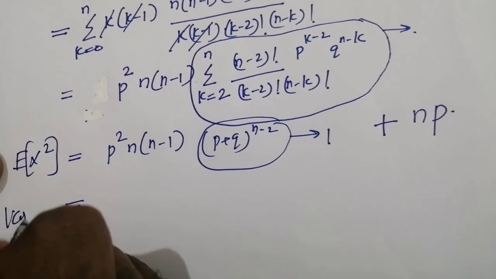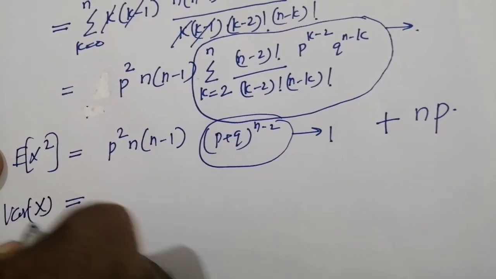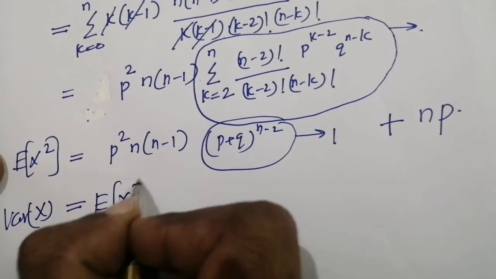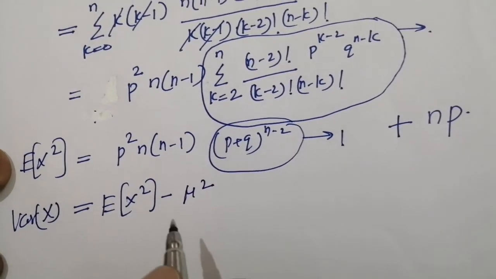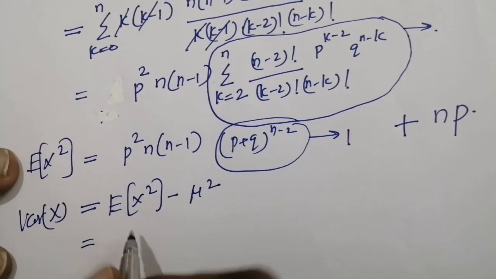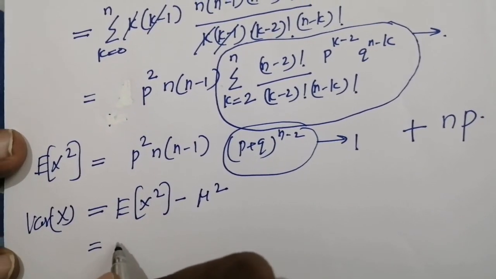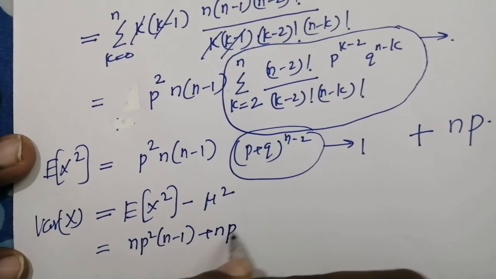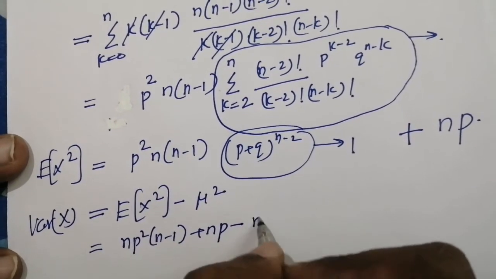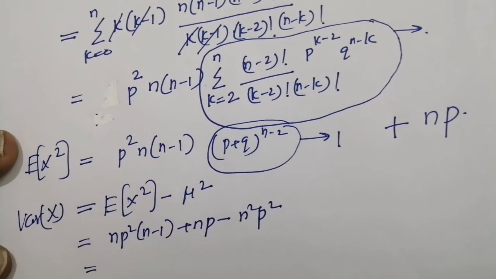Now what about variance? Variance of x is expectation of x square minus mu square, right? Square of mean value. So this will be equal to n p square into (n minus 1) plus np minus, what is mu square, it is n square p square.